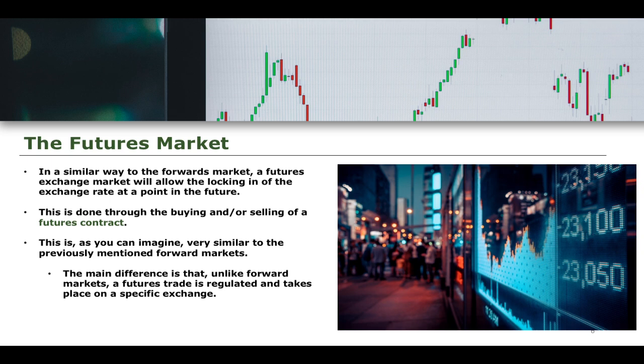The main difference is that unlike a forward market, a futures trade is regulated and it takes place on a specific exchange. So this is regulated in the US, for example, by the US Commodity Futures Trading Commission, the CFTC. And so that's one of the major differences, that it is done in an institutionalized fashion compared to that of a forwards market, which often isn't.